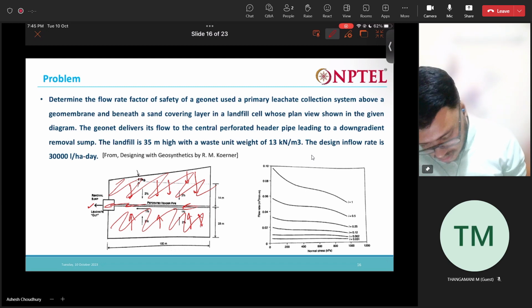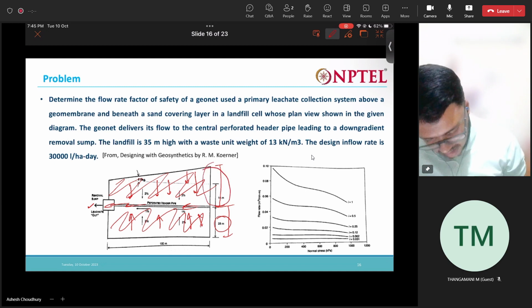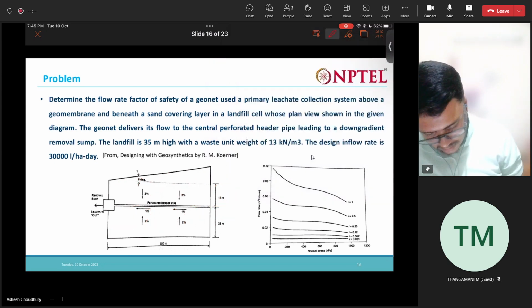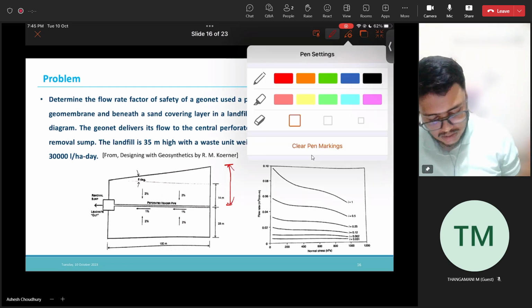Now the length of the geonet should be the maximum of these two. One is 25, and this one we have to find out. So let us find this length out first. The maximum of the two will be the length of the geonet.